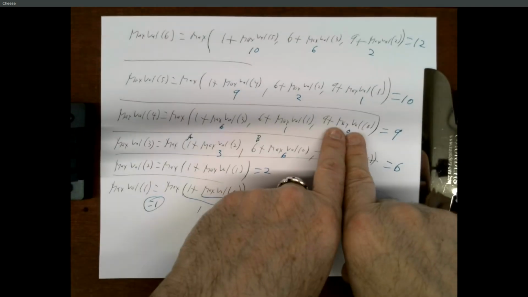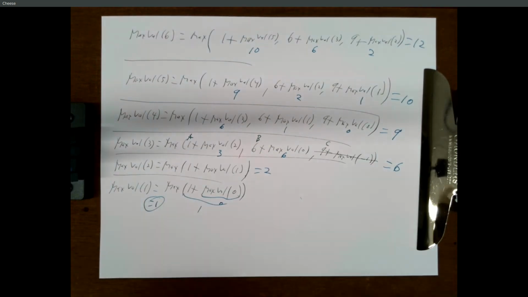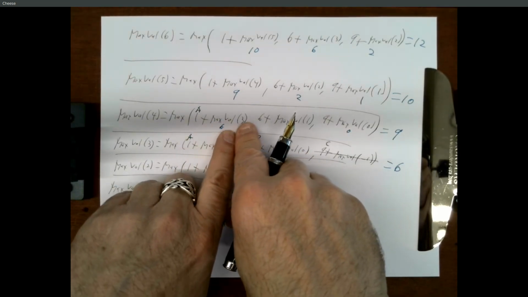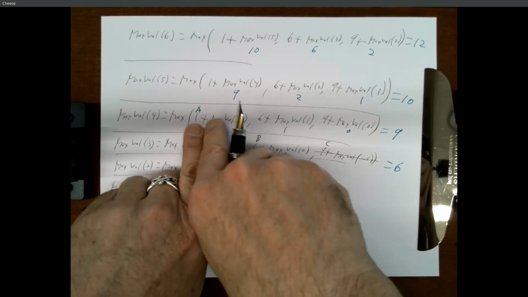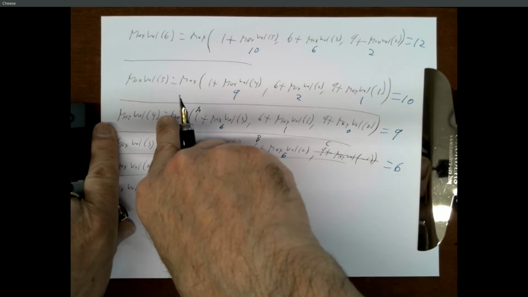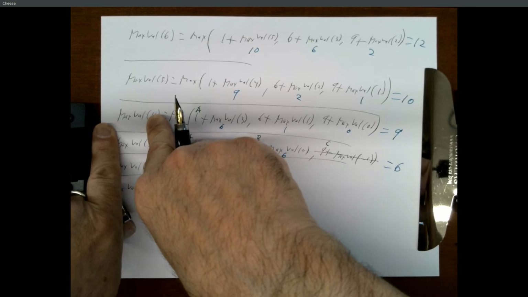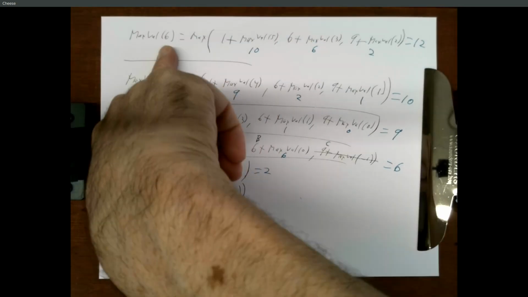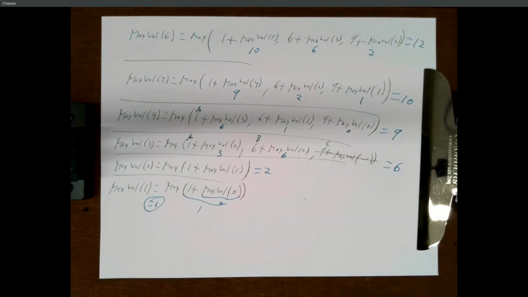And if this turns out to be my maximum value, right, this is an A plus whatever gets the max value out of a bag that holds 3 pounds. I take that inventory and I just add one more A to it. That's the inventory for max val 4. So you can work your way back up, and when you're done, you get the max val 6 is equal to 12. You can also get what the inventory of items is.